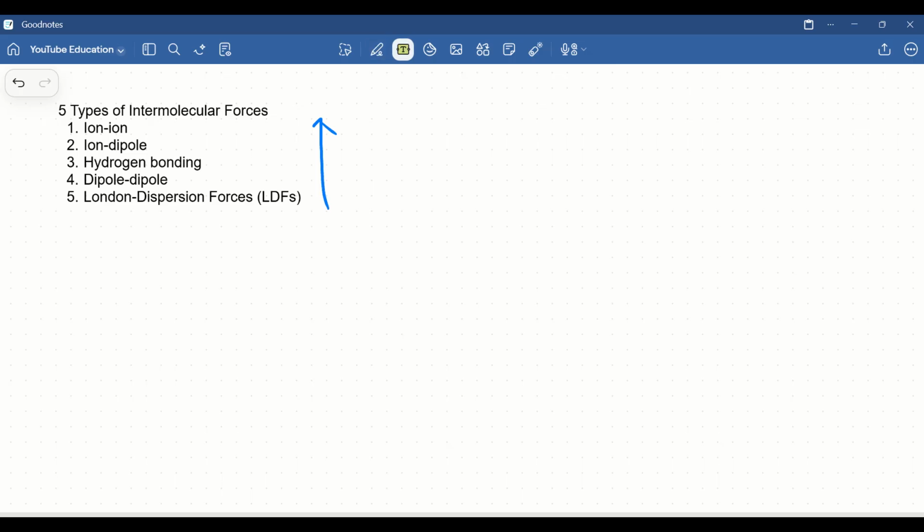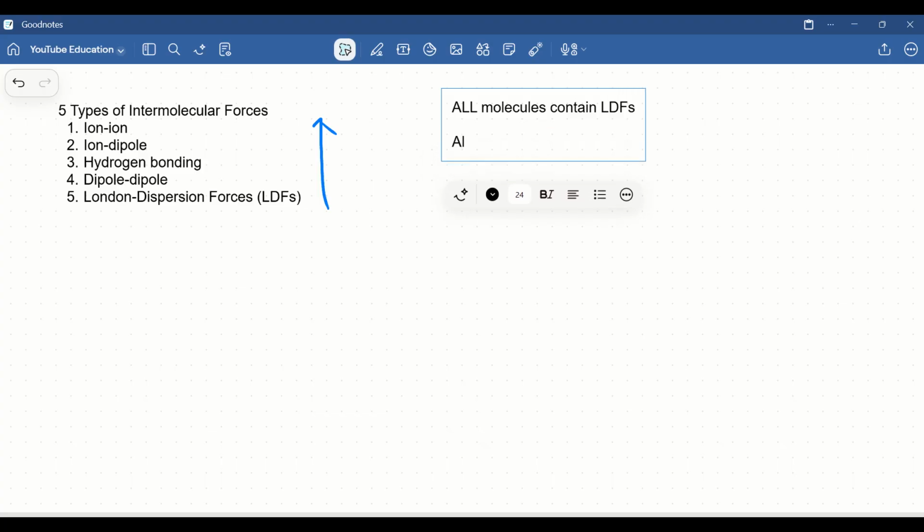Some key tips and things to remember: all molecules contain London dispersion forces. All nonpolar molecules only contain London dispersion forces.